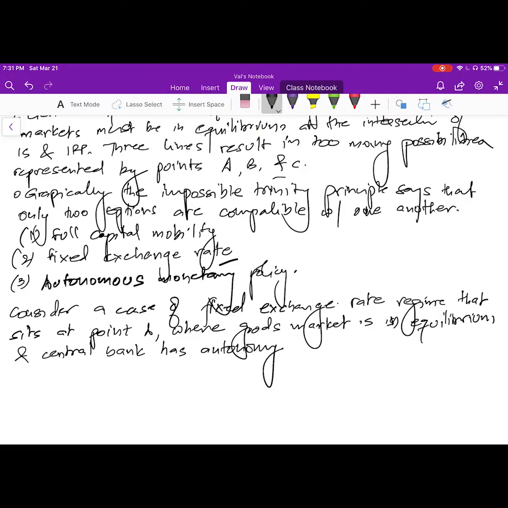But there's a problem. Remember, in equilibrium, both goods and financial markets have to be in unison, have to be in equilibrium. So in this country, point A is about the IRP line. What does that mean?